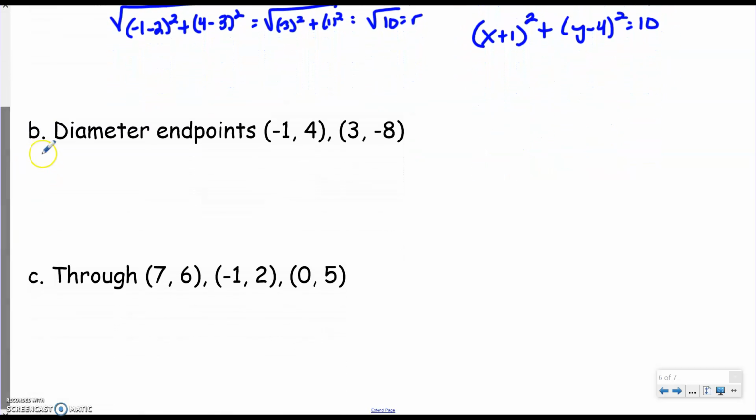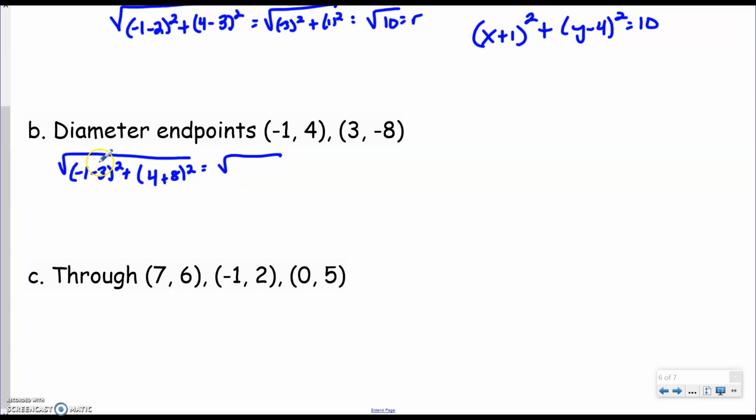Okay. For our diameter endpoints, we need to do the same thing. We need to find our diameter. So we're going to do x2 minus x1 squared plus y2 minus y1 squared. Sorry, I think I said that backwards, y1 minus y2 squared. So I get the square root of -4 squared, which is 16, and 12 squared, which is 144.